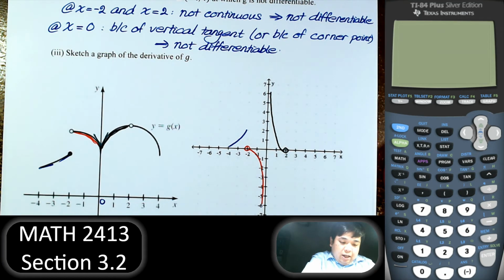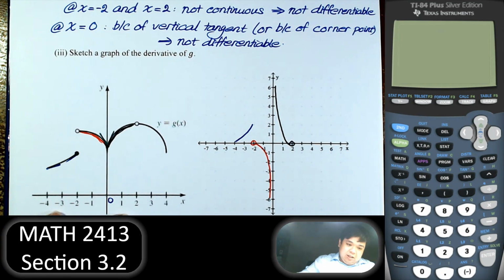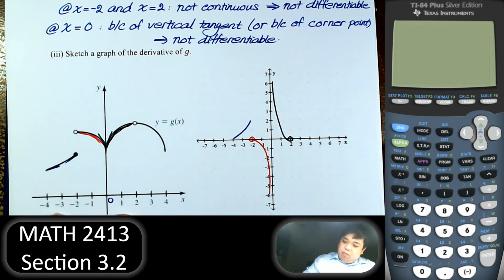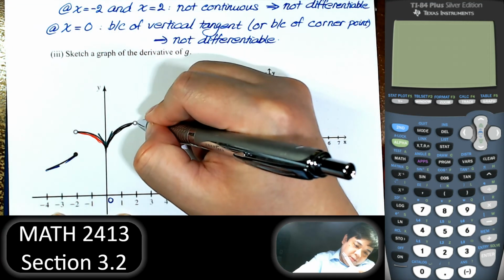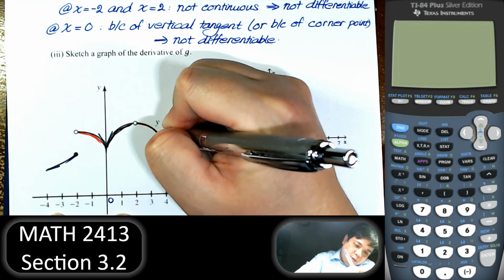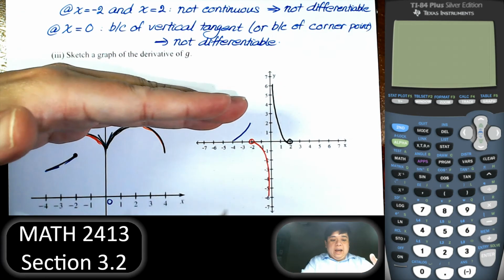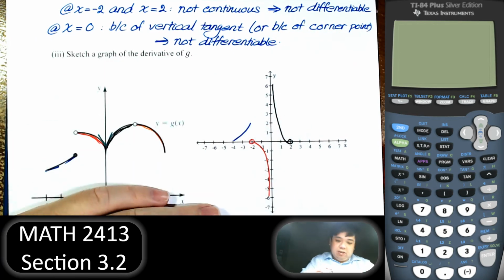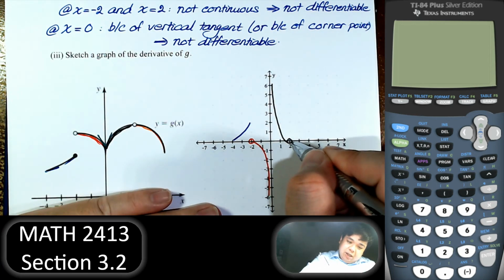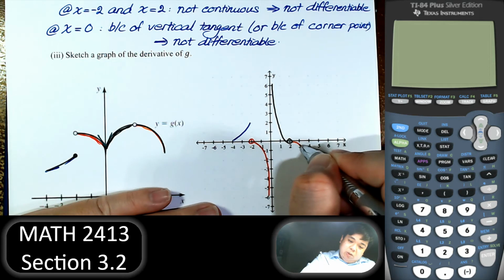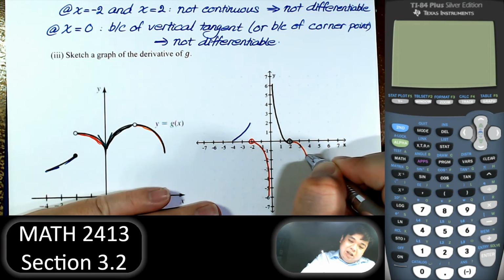Right, and after that we have this portion here. So we start out from 0 and get smaller, more negative. Start from 0 and get more and more negative.